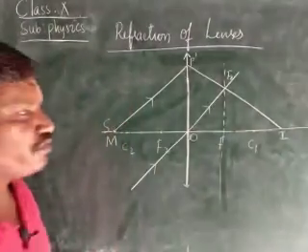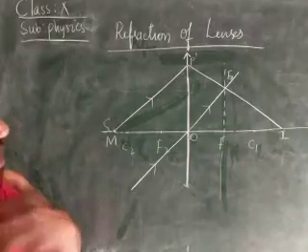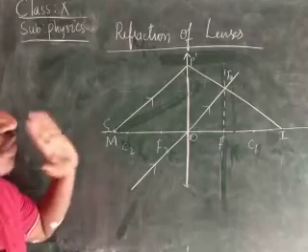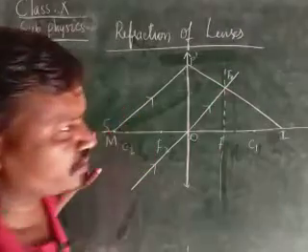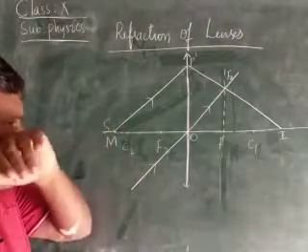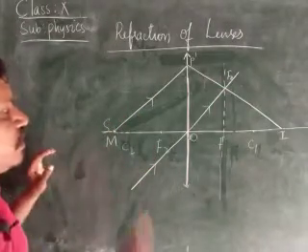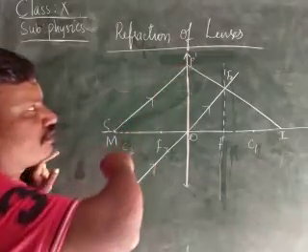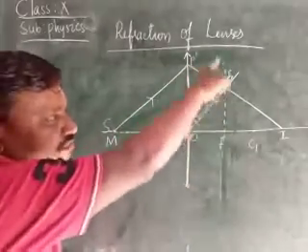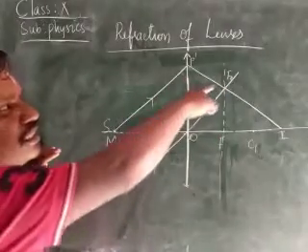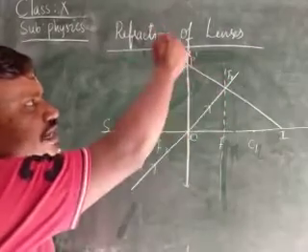Children, if they ask you to draw the ray diagram, the first step to remember is to draw a perpendicular at the focal point, along the focal plane. Then draw a line parallel to the ray through the optic center, such that it intersects the focal plane at one point.